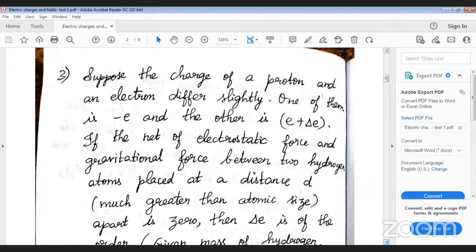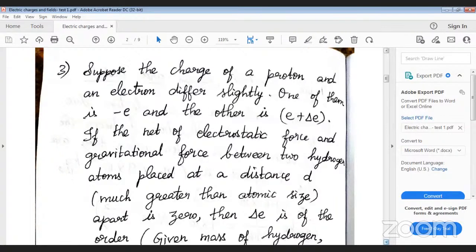Practically, when you speak about the charges of proton and electron, both are same in magnitude but opposite in direction. But here for this question, they have just asked us to consider this scenario. So one of the charges is minus E and the other is E plus delta E.